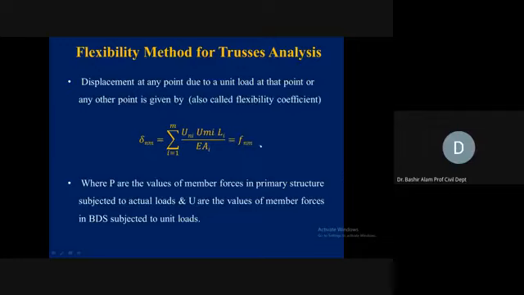If it is F12, it will be the product u1 and u2. This way, we can find out the flexibility coefficient values. Now, P are the values of member forces in the primary structure subjected to actual loads, and u are the values of member forces in the basic determinate structure subjected to unit loads.